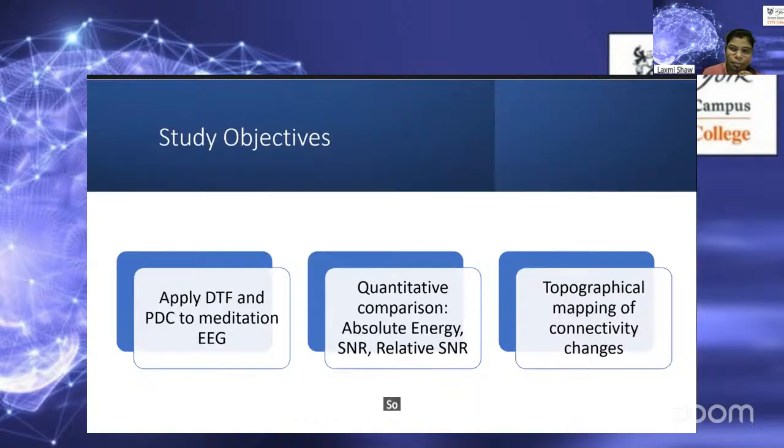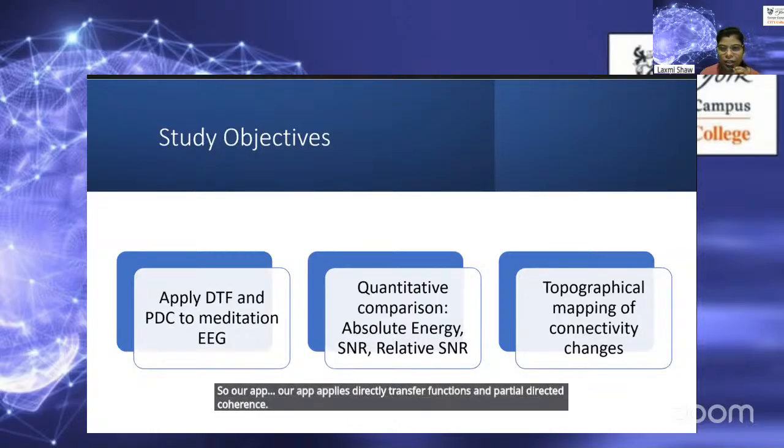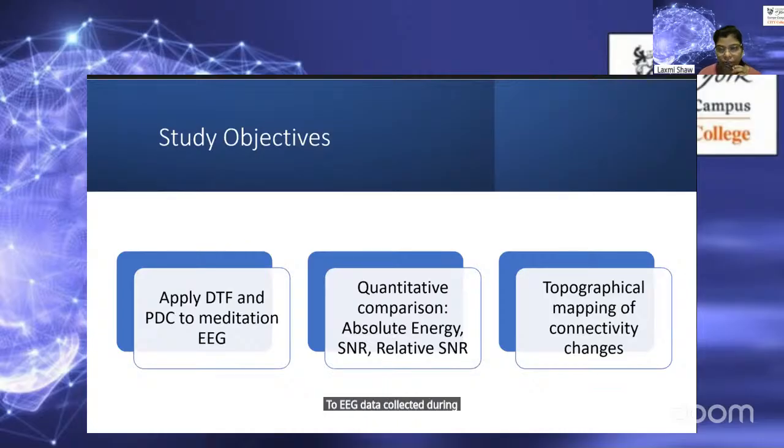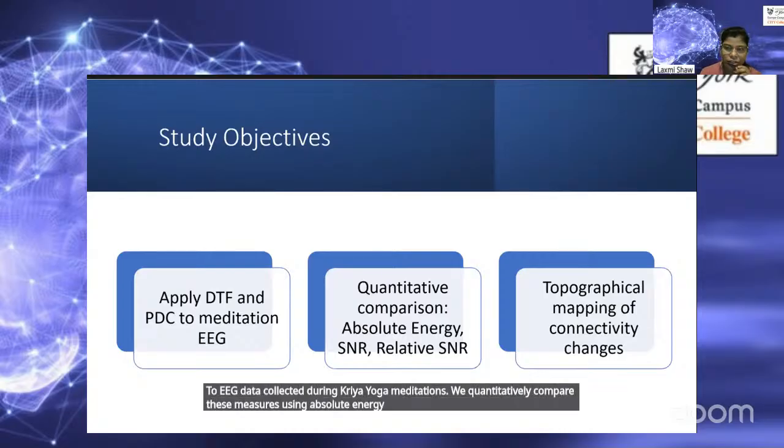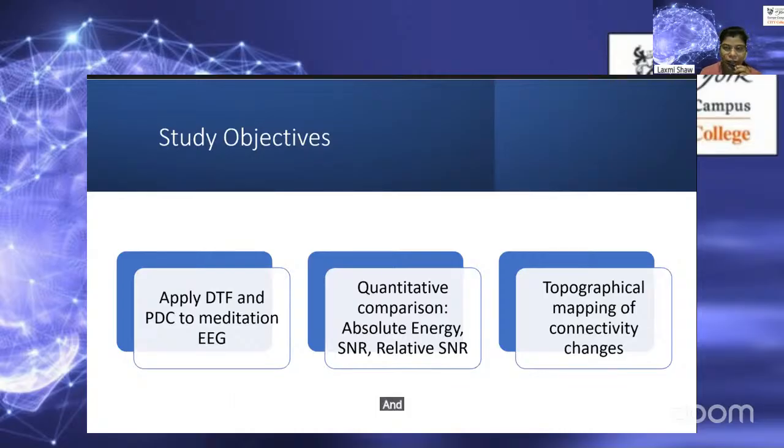Our work applies directed transfer function and partial directed coherence to EEG data collected during Kriya Yoga meditation. We quantitatively compare these measures using absolute energy, signal to noise ratio, and relative SNR, and map these changes topographically across the scalp.